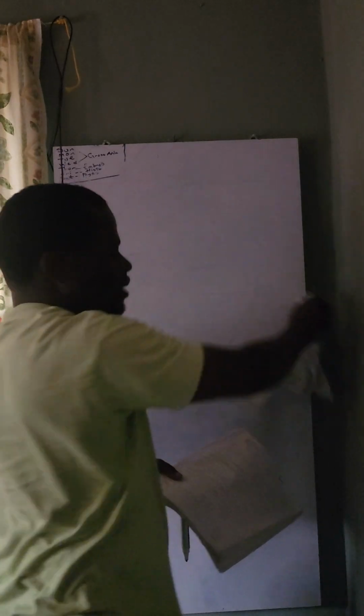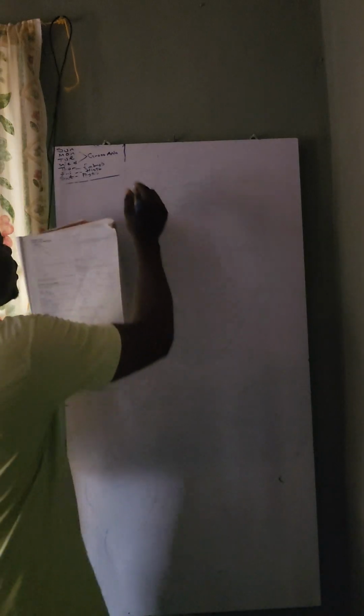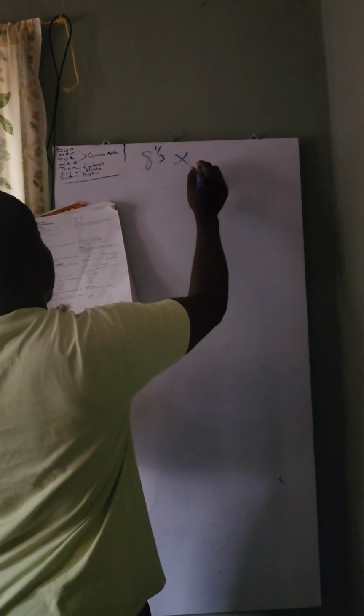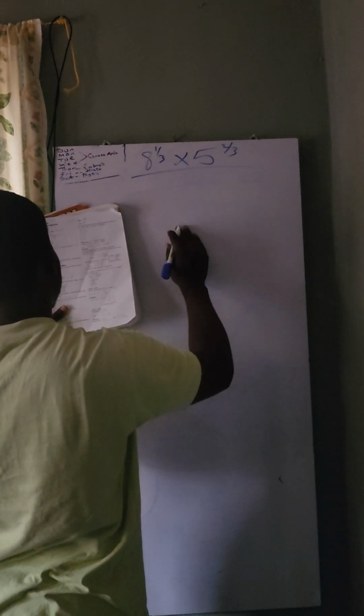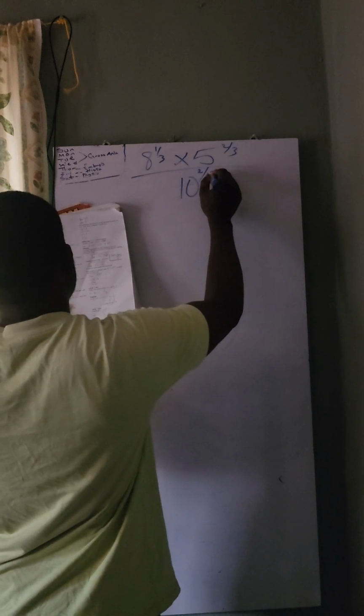The question I have here says simplify 8 raised to power 1 over 3 multiplied by 5 raised to power 2 over 3, over 10 raised to power 2 over 3.